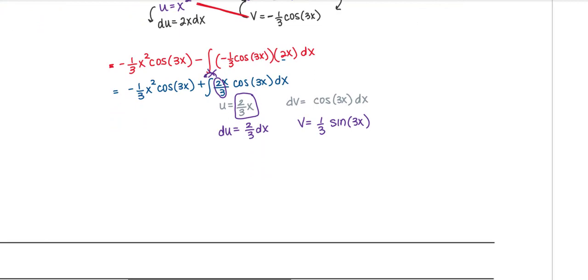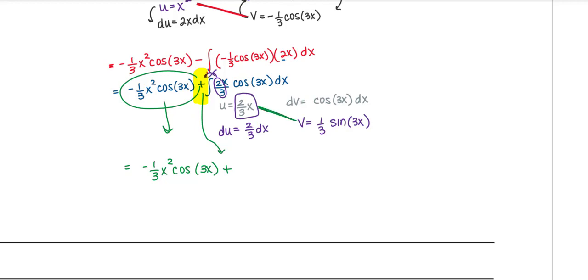Okay, so I'm going to copy down my first term so I don't lose it, right? This has got to come down. And then I had a positive in between. That's one thing that if you make an error or if you're not getting a question right, you certainly want to look right there at that sign, because chances are you didn't distribute a negative correctly or something went wrong with that. Okay, so now it's u times v. So if I multiply those together, I'll get 2/9 times x times sine of 3x.